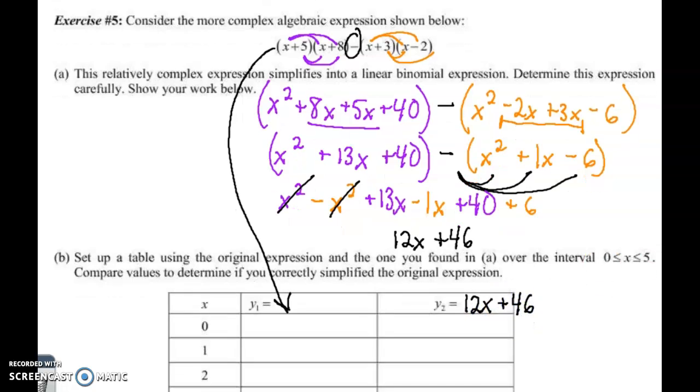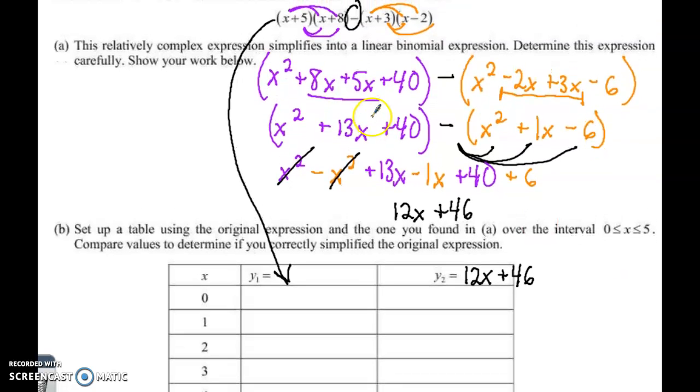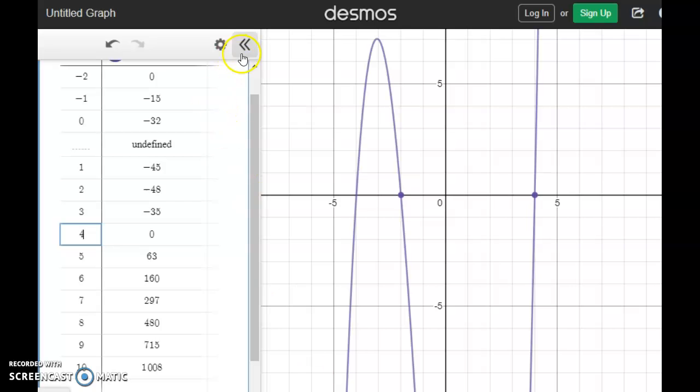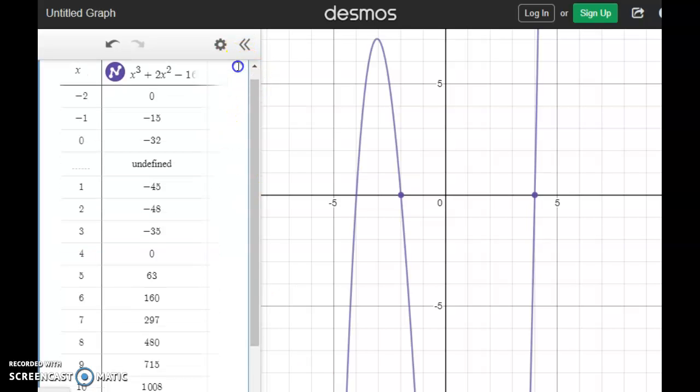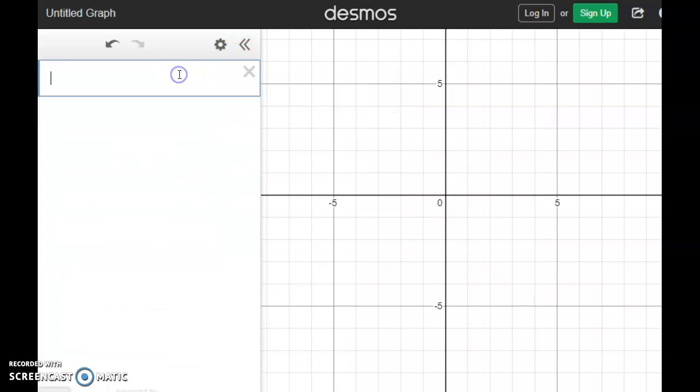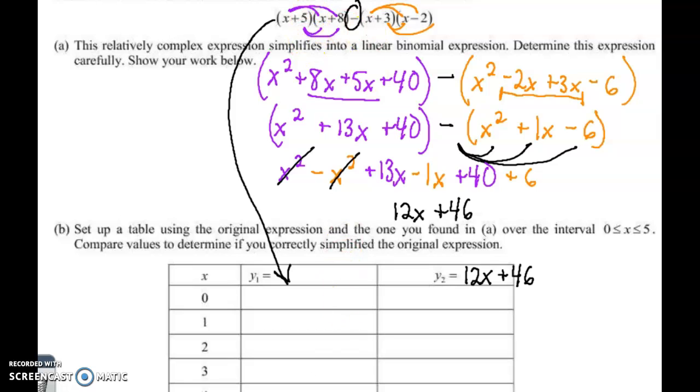And so what I'm going to do is use Desmos to prove that. So all you have to do is pull up Desmos and clear out all of this other stuff because that was an earlier problem, and just type in the fancy problem that they start with, x plus 5, x plus 8.